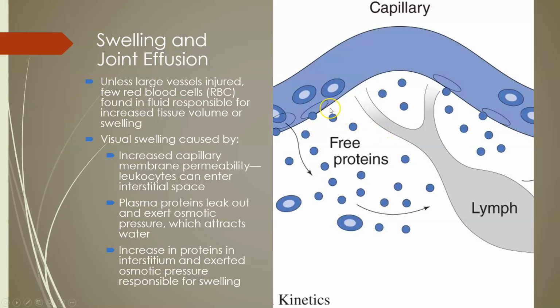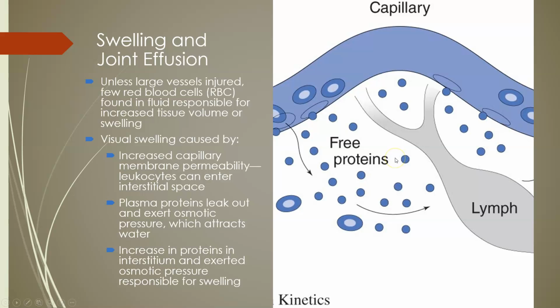And because of that, we get a change in those overall pressures and we have less pulling of fluid back into the venules and it stays out in the interstitium. And that's what creates the swelling, is this change in the osmotic pressure from the venules pulling it in to now a more neutral state, with plasma proteins and cells being both in the venules and in the interstitium.